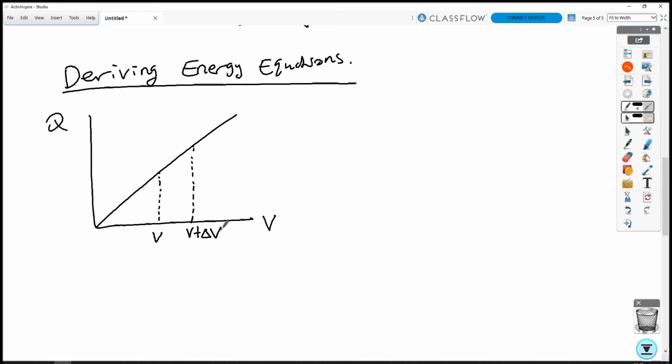Now, if we bring that line very close, such that the separation or the thickness is infinitely small, what would the value of charge be at V and V plus delta V? It'll be the same. If you only increase the voltage by an infinitely small number, you're not really increasing the charge at all. So the values of the charges are the same.